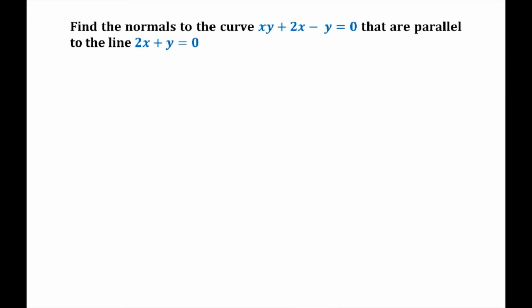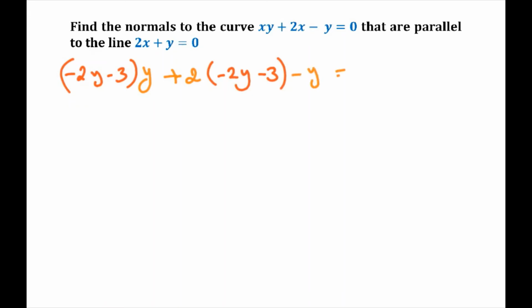So I'm going to say negative 2y minus 3 multiply y plus 2, again negative 2y minus 3 minus y equal to 0, and then expand.